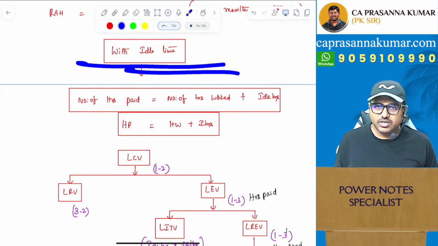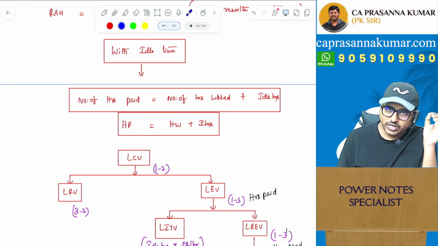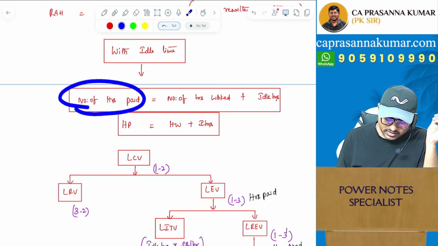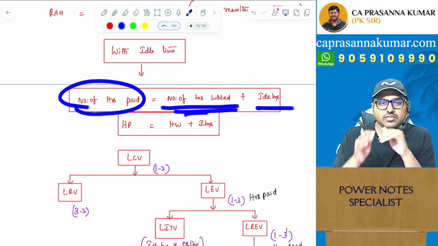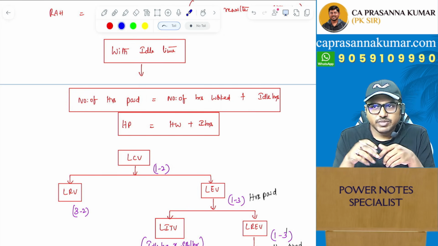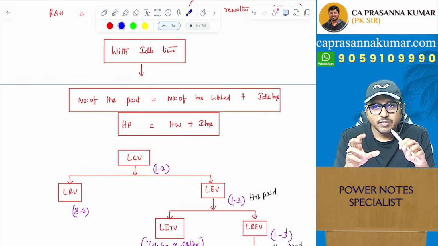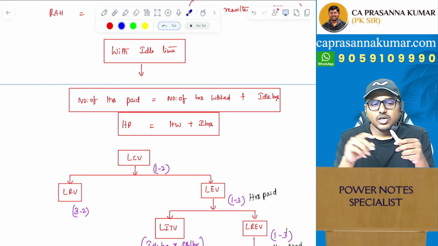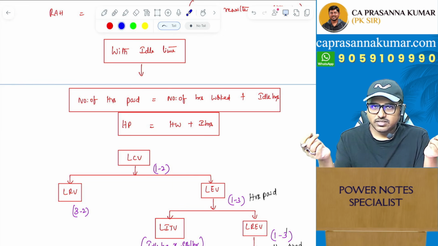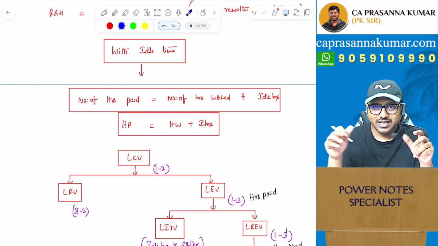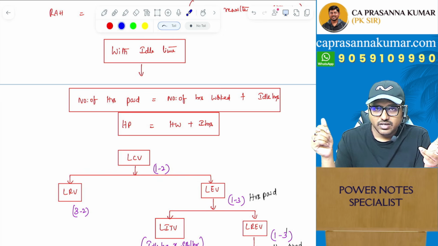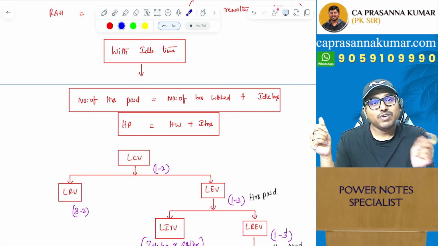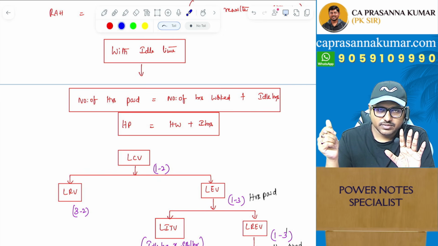First of all, let's try to understand what is idle time. Usually, number of hours paid is equal to number of hours worked plus idle hours. Sir, what do you mean by that? Which means eventually you'll be paying for hours that labor did not work? Yes, the answer is yes. Suppose you worked for 8 hours and for 1 hour you did not work. Total is 9 hours you have spent in the factory. As a company, I'll pay you for 9 hours, not for the 8 hours you worked.